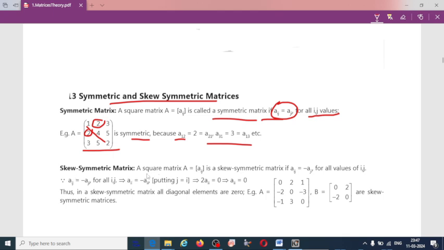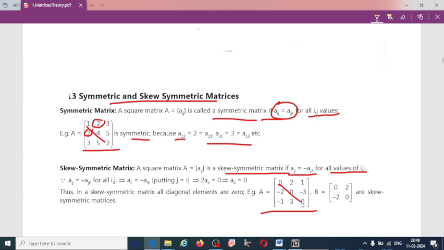Skew symmetric matrix is a matrix in which Aij is equal to minus Aji for all values of i, j. So here is the example.